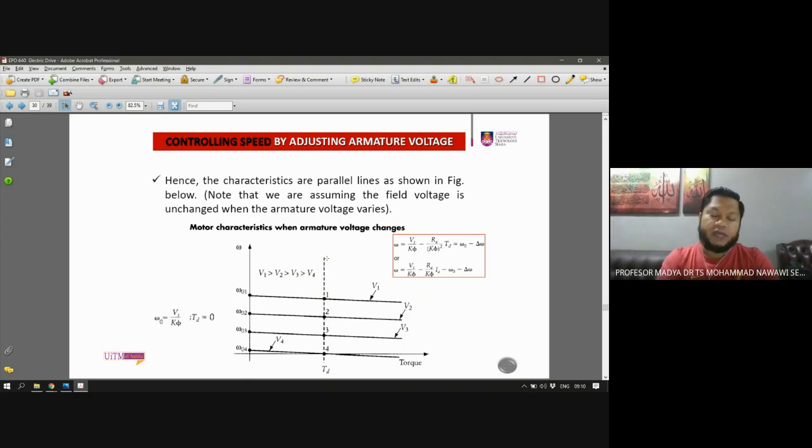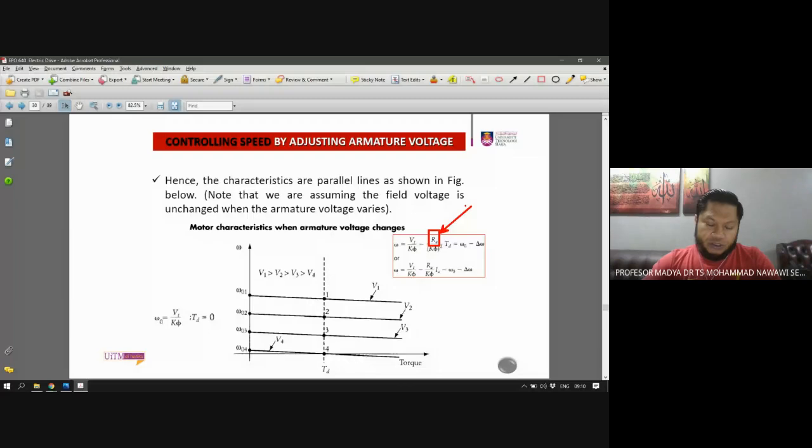Later on, we're going to look at how to integrate the power electronics, the converter, into the circuit so that you can control this VT. Okay? The idea is to control the VT. Why? Because the armature resistance control is not efficient. It's not really efficient to use the armature resistance control because it creates heating in the motor.